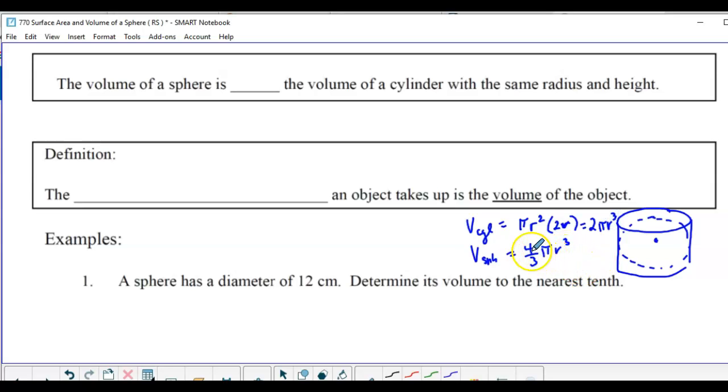And so really, all the difference is we're multiplying the volume of the cylinder by 2/3 to get the volume of the sphere. It's going to be smaller. It's 2/3 of the volume of the cylinder with the same radius and height. Okay, and then for volume, that's just the amount of space an object takes up.